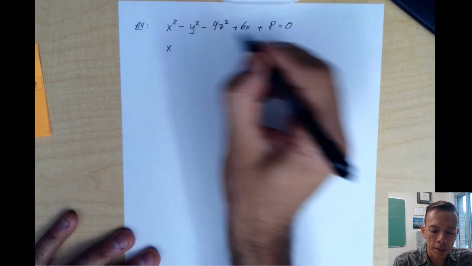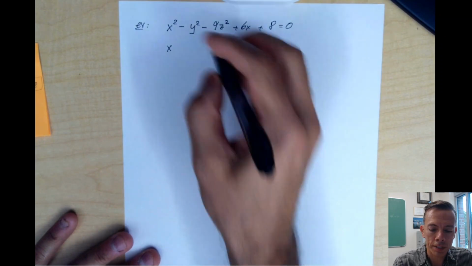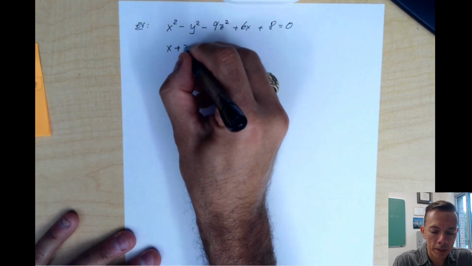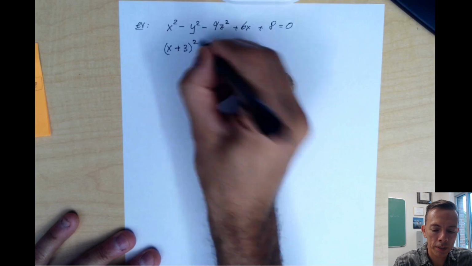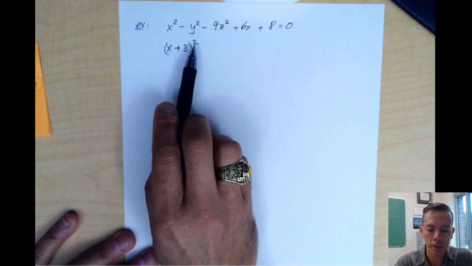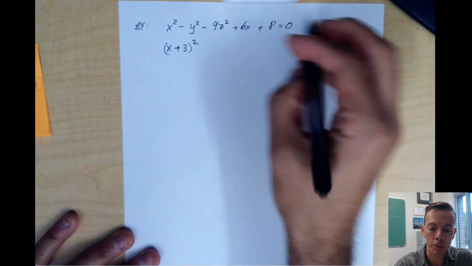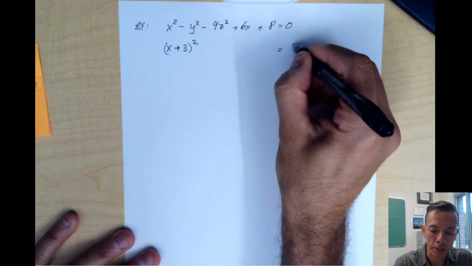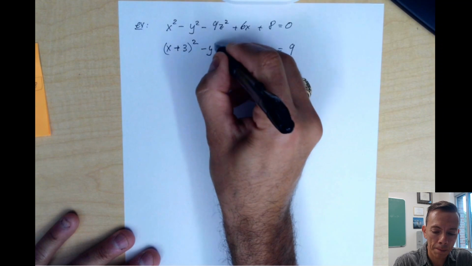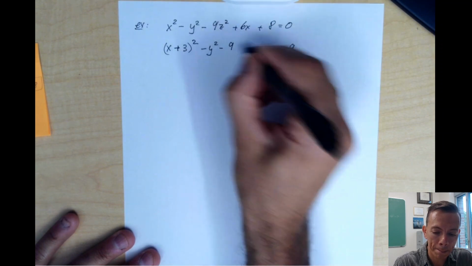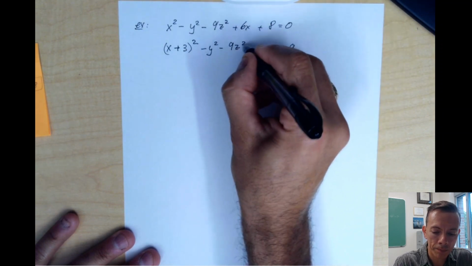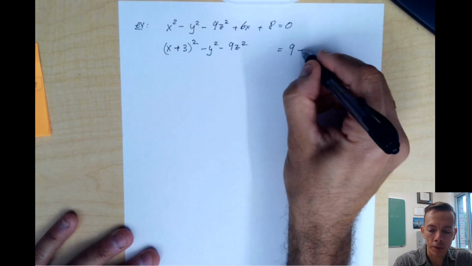You can combine the x squared and the 6x into an x plus 3 squared. This gives you x squared plus 6x. It also gives you a plus 9, which we need to balance on the other side of the equation. And this 8, we can move to the other side as well.